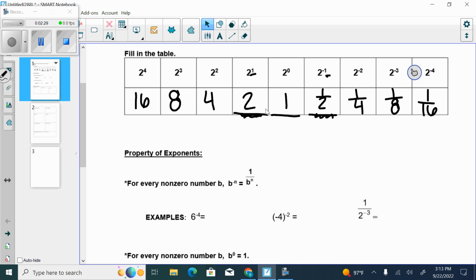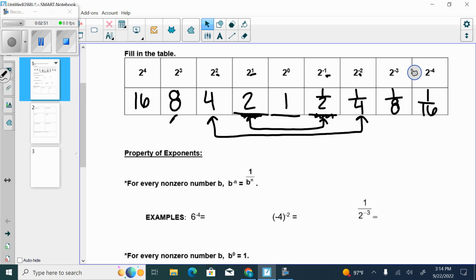Very good. What about the ones that had exponents of 2 and negative 2? So my answers were 4 and 1/4. Same thing. It was just flipped over into a fraction, right? What about the ones that had exponents of negative 3 and 3? Same thing.